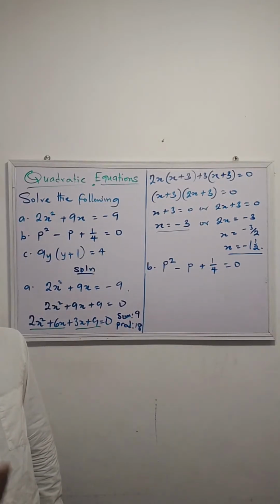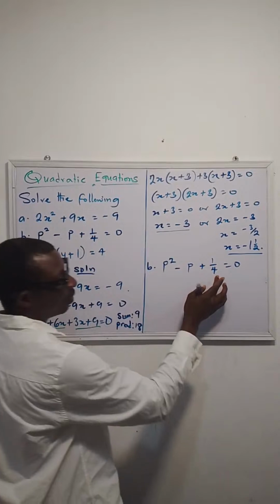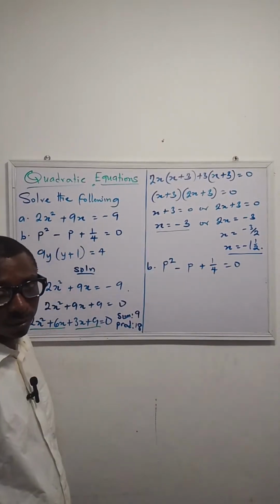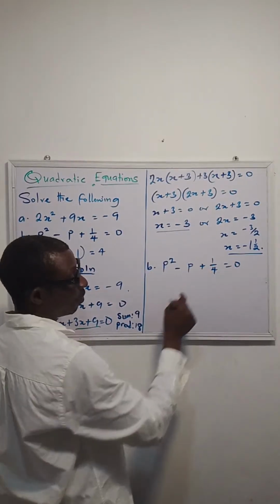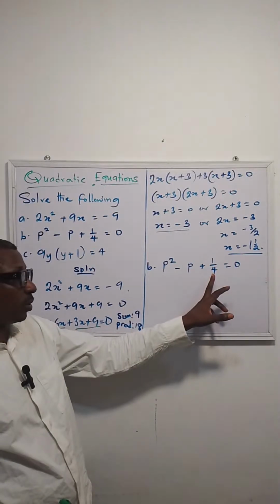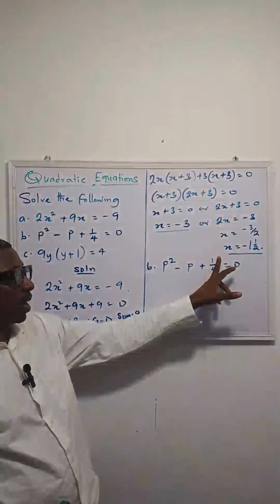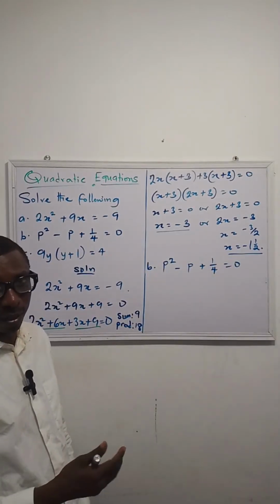So if you are thinking the way I'm thinking, the first thing I'm supposed to do before I get the sum, so that will make the work easier, is to multiply through by 4, so that I'll clear this fraction. So I multiply this by 4, this by 4, this by 4, this by 4. Why 4? Because 4 is the denominator we have here. To clear this 4, we must multiply 1 over 4 by 4, so that the 4 will cancel out.